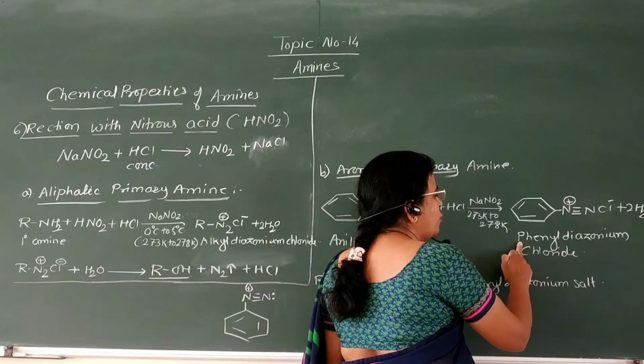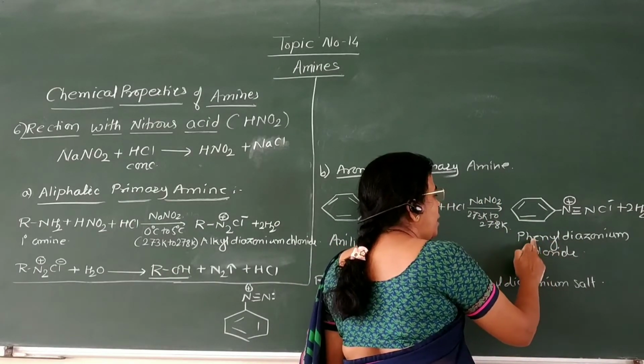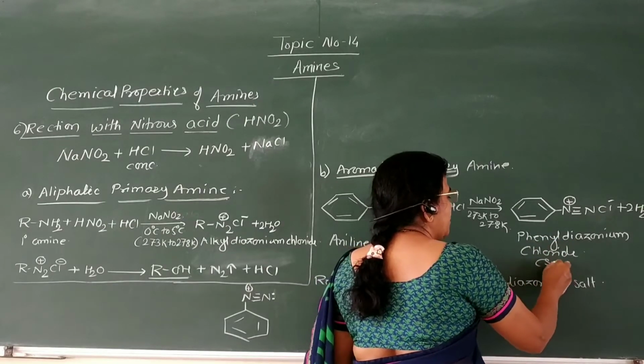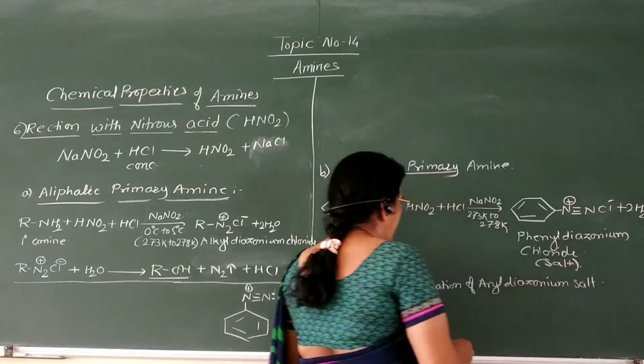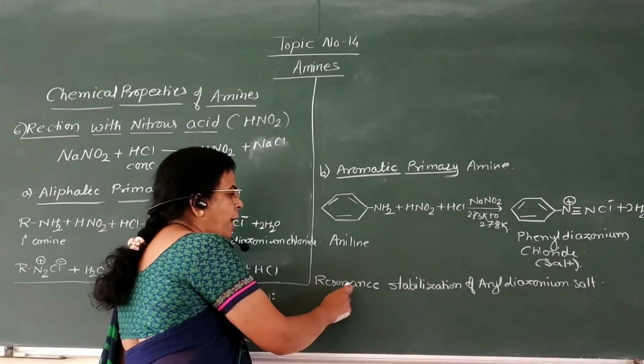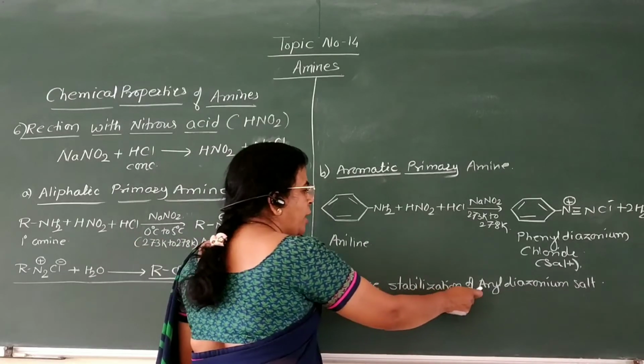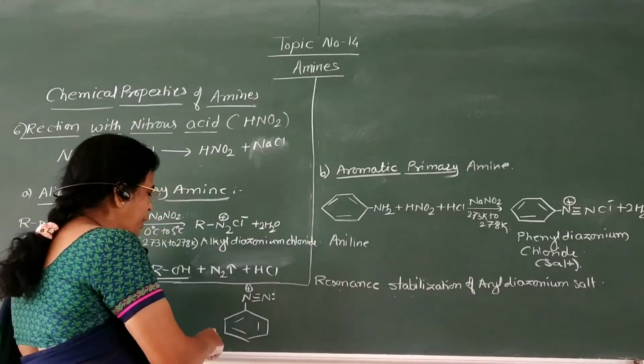This phenyl diazonium chloride or aryl diazonium chloride salt is a stable salt which can be stabilized by resonance. That is, this resonance stabilization of aryl diazonium salt can be shown here.